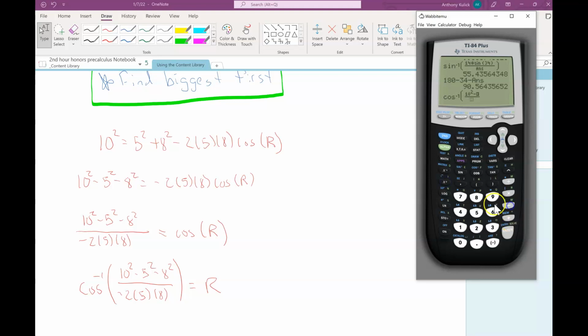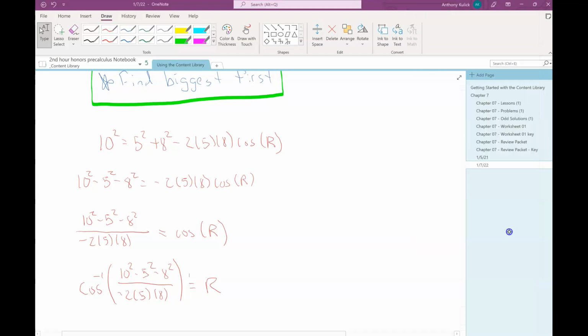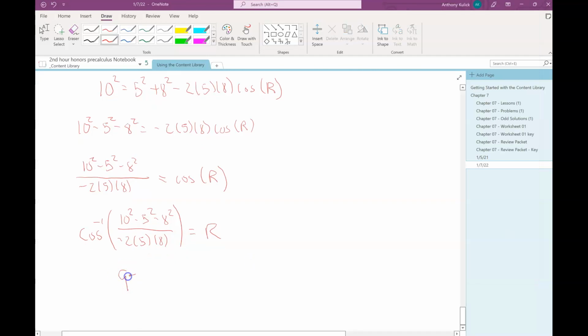So I definitely want to be making sure that I'm comfortable using that command, because it saves me all kinds of calculator headaches doing that. So I get 97.90 as my angle.